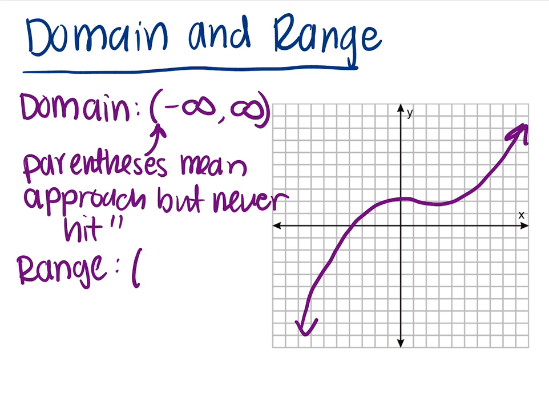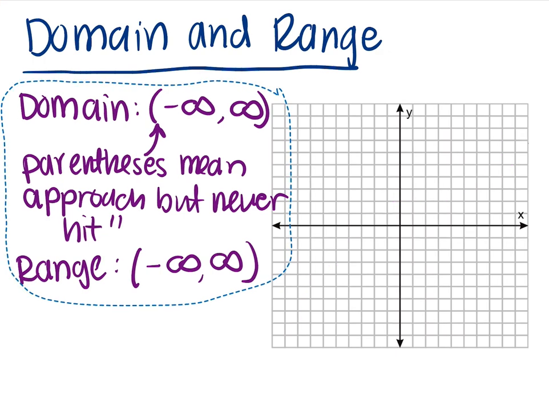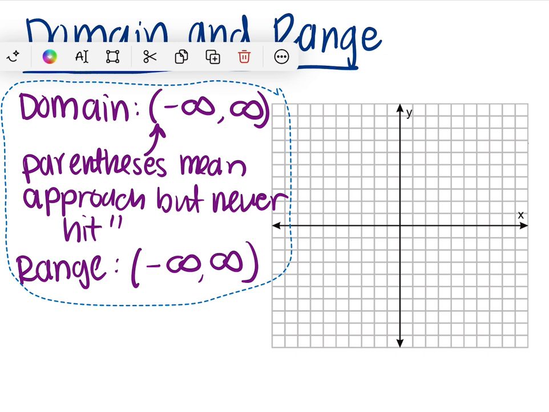So my range is going to be negative infinity to positive infinity. This is what we call interval notation, where we don't have any less than or equal to signs. So we just say what is the section that our domain and range is including. Now that is one type of continuous graph. Just one type.